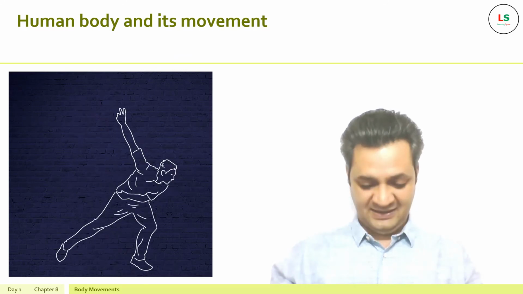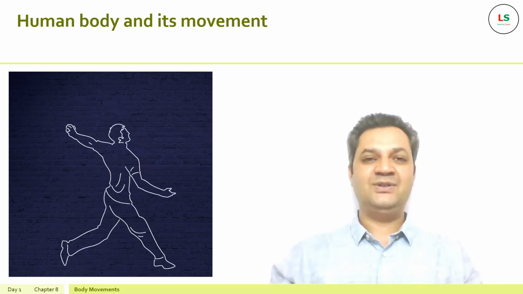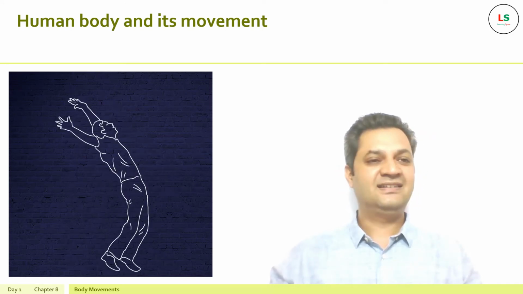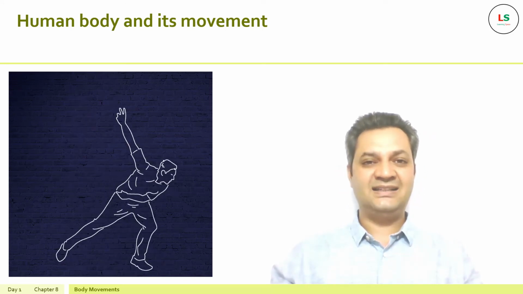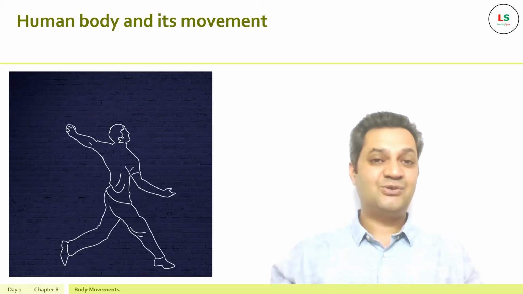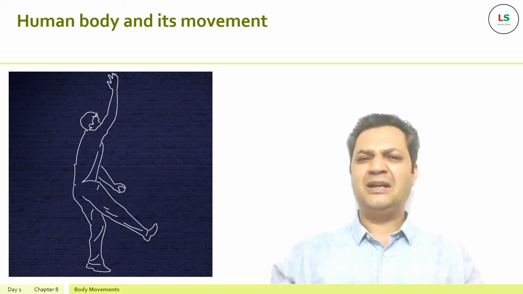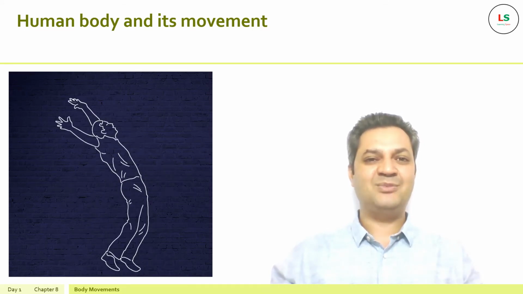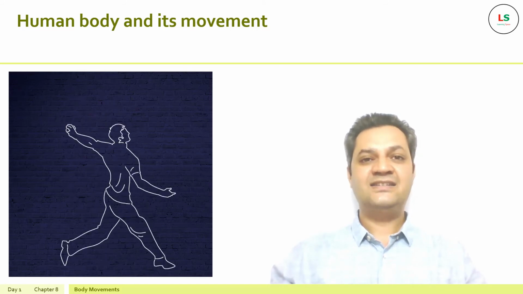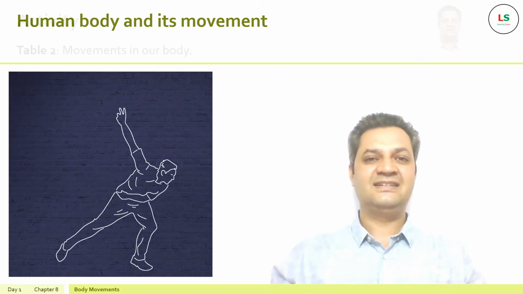Move the head up and down, rotate it sideways, bend the arm at the elbow and the leg at the knee, stretch arms sideways, and there are loads of other combinations which can be made possible. Now let's record all these observations, keeping in mind that a few parts move in various directions, whereas some move only in one direction.